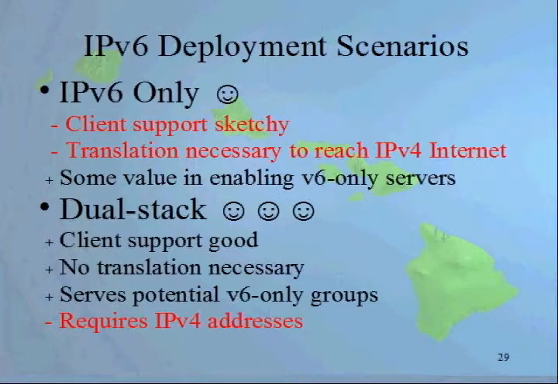What's missing from client support is the ability to obtain a DNS server address. So you either have to have a Windows device which has DHCP6, or you can type it in manually, or for Linux and for Mac OS you can install a DHCP client so that you can get a server address.